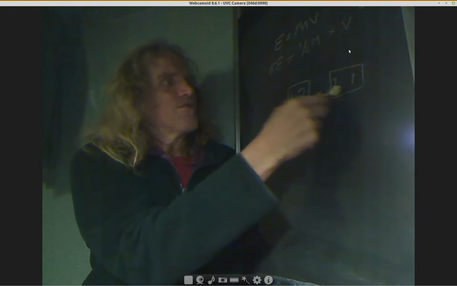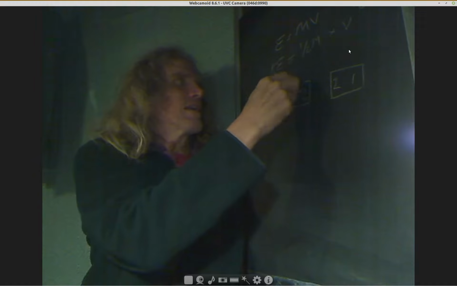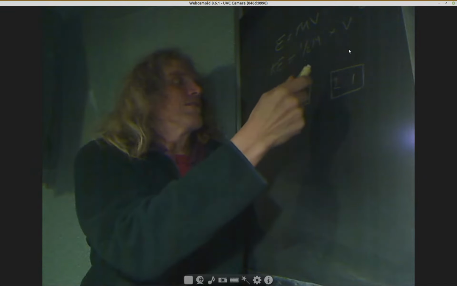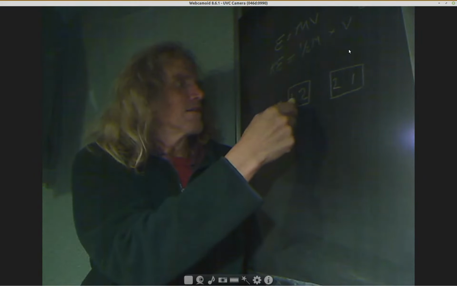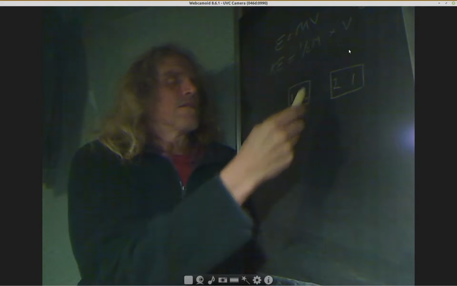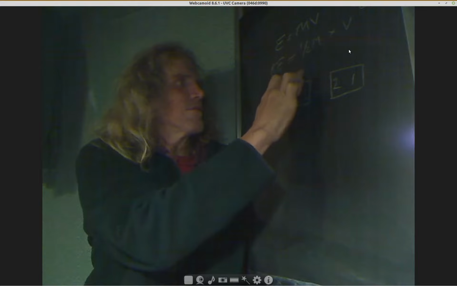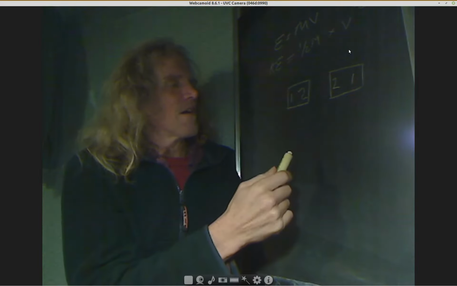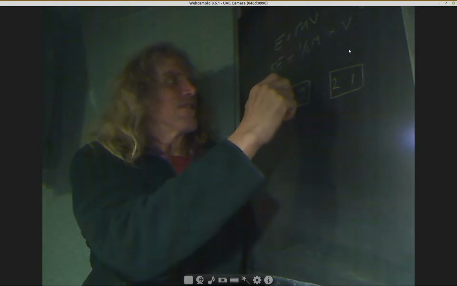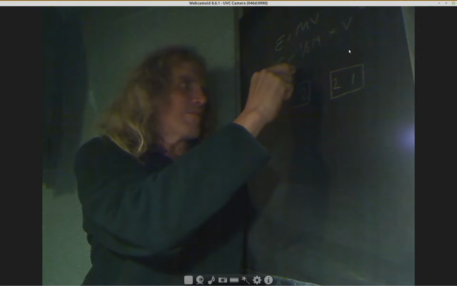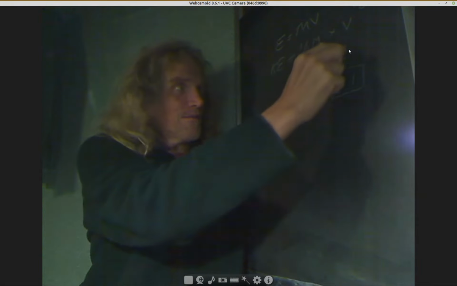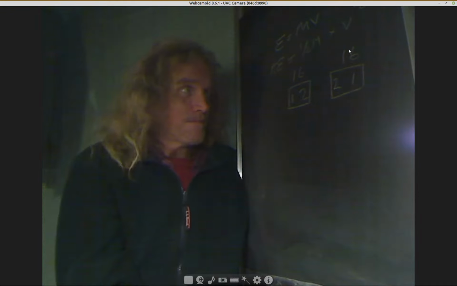So for these two objects, the kinetic energy and the momentum would be whatever. Let's just give it an arbitrary number. So this one would have a momentum of 16, and this one would have a momentum of 16.